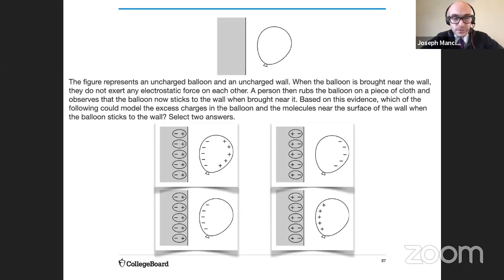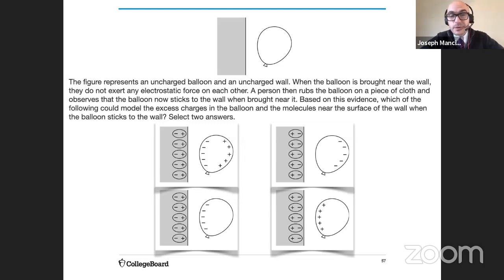So let's take a look at what's wrong. If this balloon was charged and it was brought near the wall, what would things look like on the wall? How would the wall become polarized? What do you think?